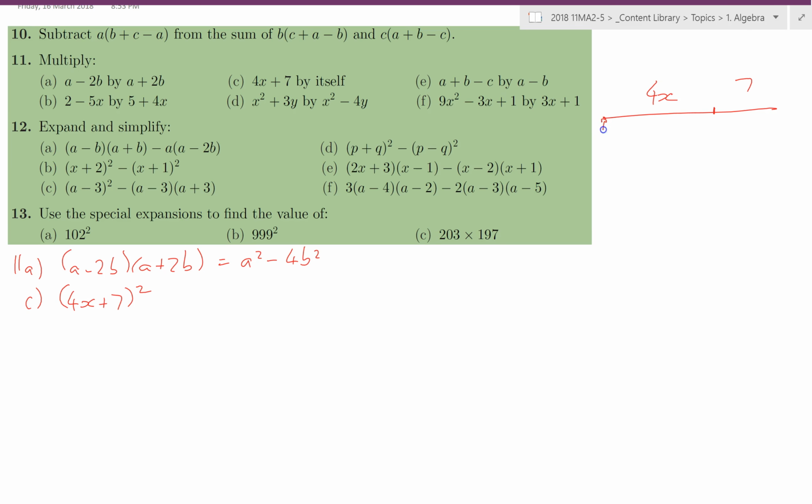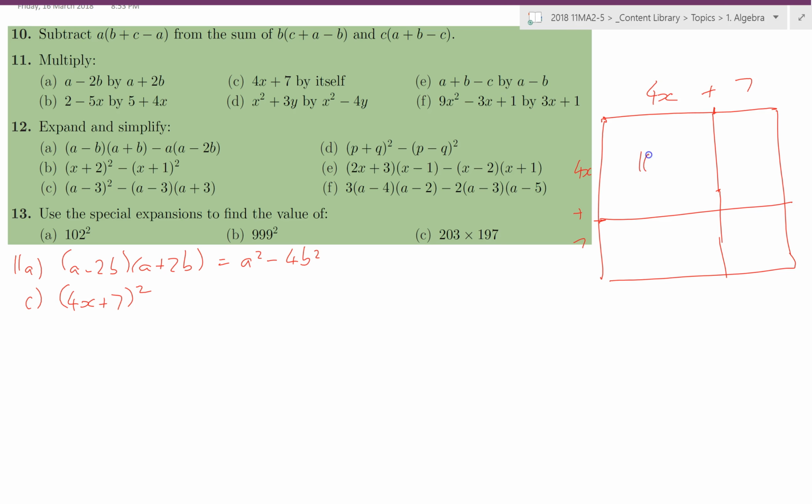And then do the same here, but at right angles. Again, I've got 4x here and 7. Now if I make that into a square and multiply those things together, the area of this square is 4x plus 7 times 4x plus 7, that's 4x plus 7 all squared.